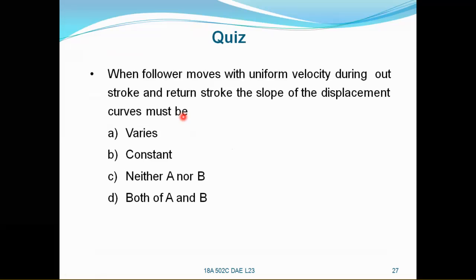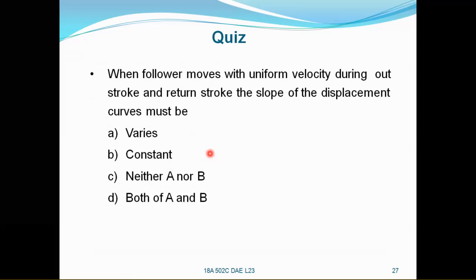When the follower moves with uniform velocity during outstroke and return stroke, the slope of the displacement curves must be: A, constant; B, neither A nor B; C, both A and B. Which is the right answer in this?